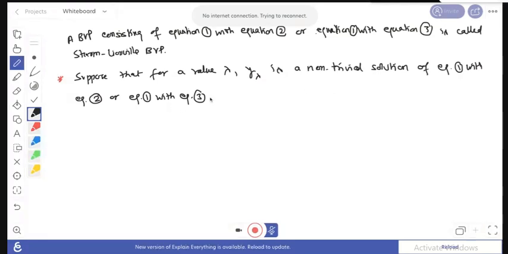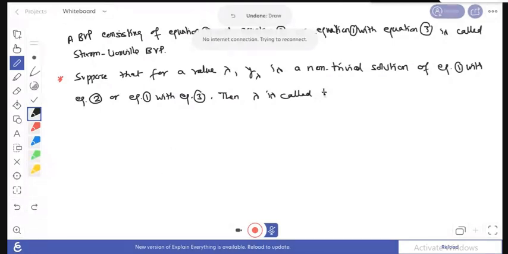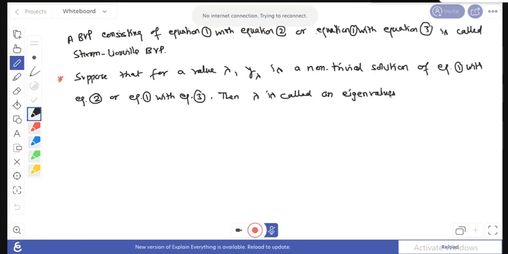Then what do we call this lambda? Lambda is called an eigenvalue. And what is y lambda?